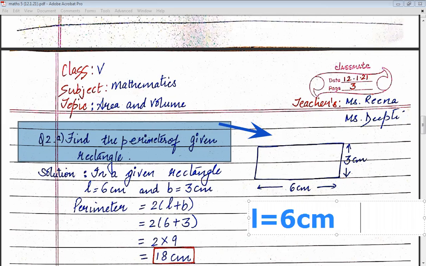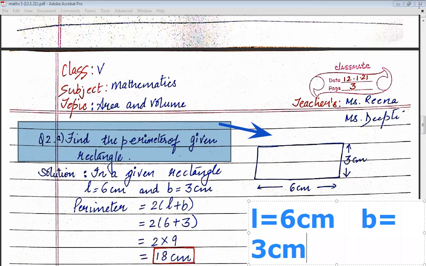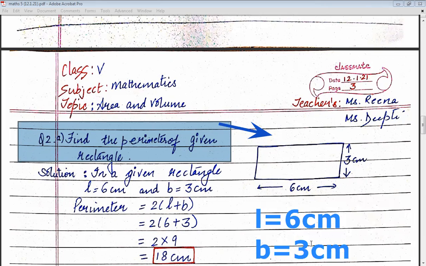Okay, and what is the breadth here? Can you figure it out? Yes, you are right. It is 3 centimeter. Okay, students. So now you know your length, you know your breadth. So can you apply in the formula? Can you recall what is your formula?